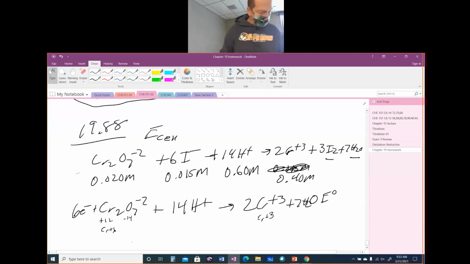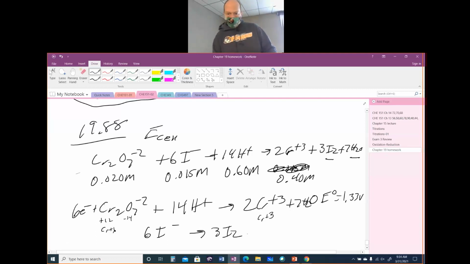You find your number. Your number is 1.33 volts. All right. All right, so then you do your other half reaction, which is your 6I minus goes to 3I2 plus, and we know it's going to be 6 electrons because it has to be balanced.